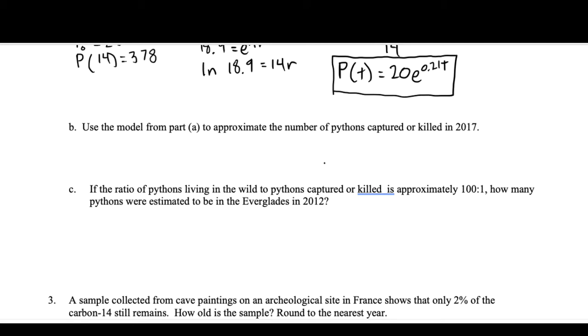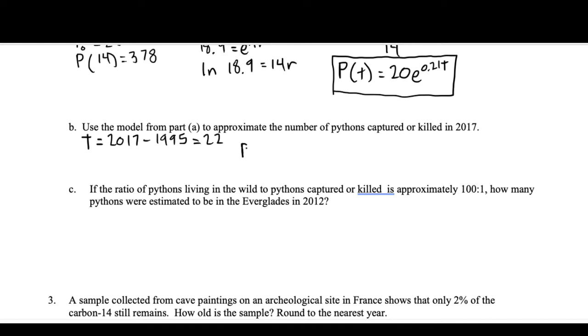For the second part, it says use the model from part A to approximate the number of pythons captured or killed in 2017. Now the way this model is set up, t represents the number of years since 1995. So in this case, t will be equal to 2017 minus 1995, which is equal to 22. So I take 22 and plug it into my function.